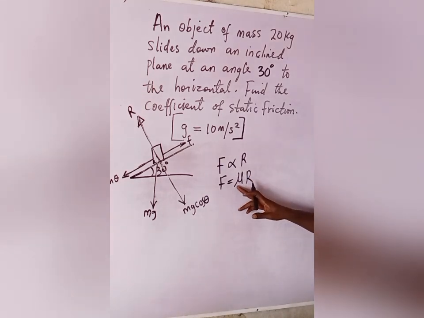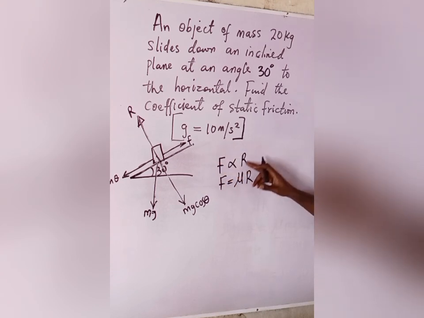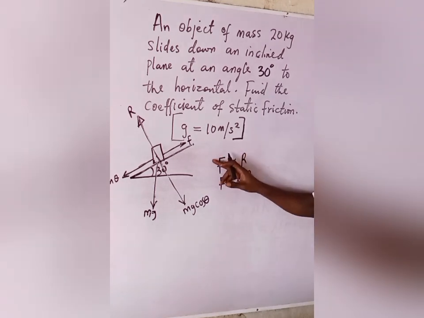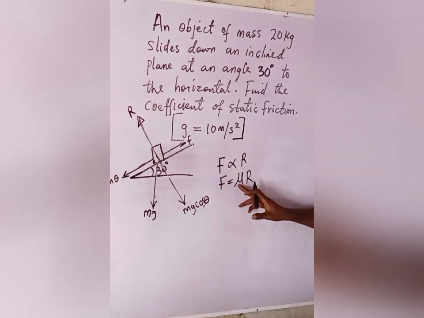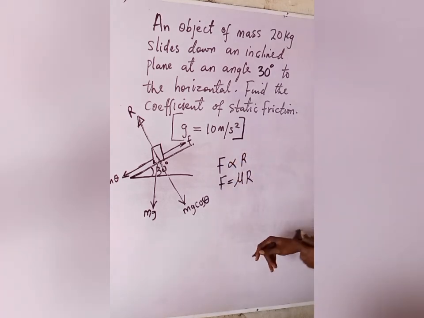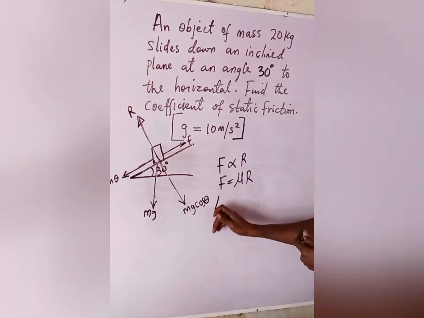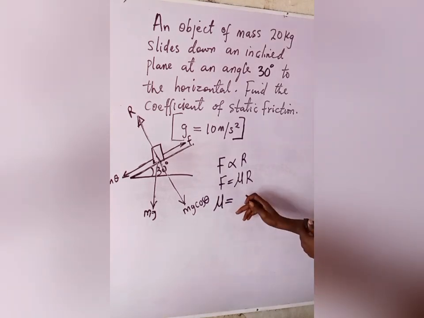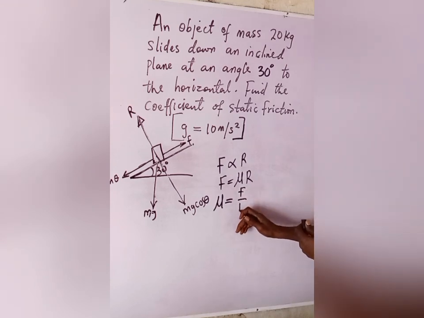This coefficient of static friction is the constant of proportionality. Remember that this is variation, all right? And then we have introduced the constant of proportionality. It's a direct variation, so this is the constant. Then, making the coefficient of static friction the subject, we have that mu is equal to F over R.